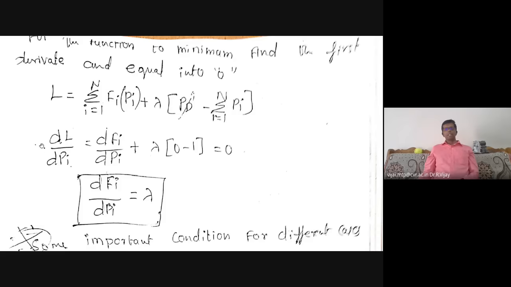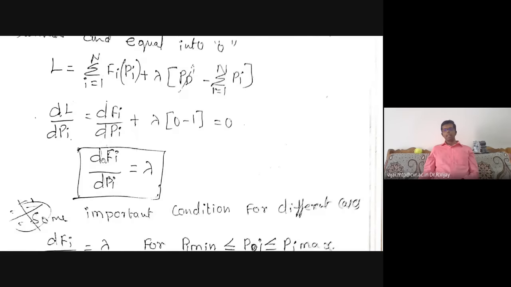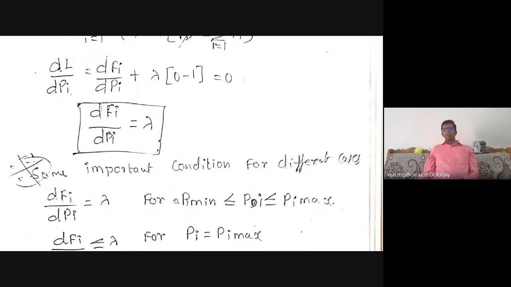Here we need to find the small change in the fuel cost, so differentiate and equate it to 0. While differentiating, dFi divided by dPi plus lambda into this PD minus Pi, we are neglecting, so 0. While differentiating, it will become 1. After simplification, you will get dFi divided by dPi is equal to lambda, for Pi minimum less than or equal to Pi less than or equal to Pi maximum.